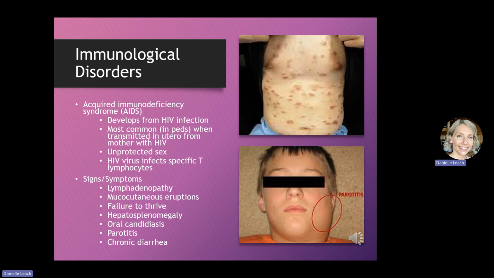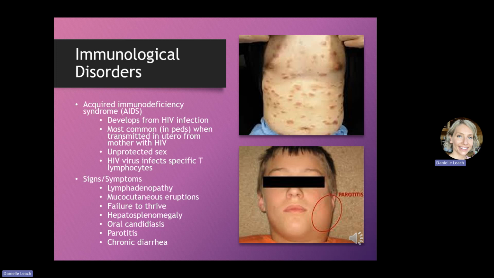Signs and symptoms are swollen lymph nodes, mucocutaneous eruptions, which is this top picture on your slide. So basically like dermal ulcers in the skin, and can also be inside the mouth. They can have failure to thrive and delayed development, hepatosplenomegaly.